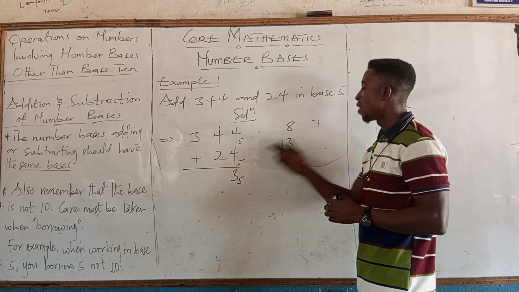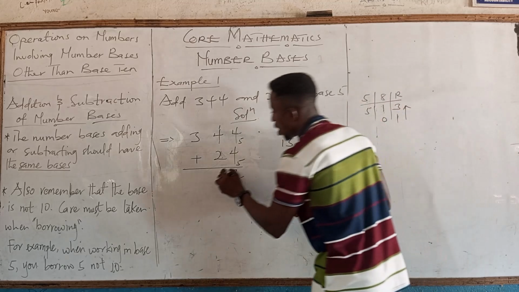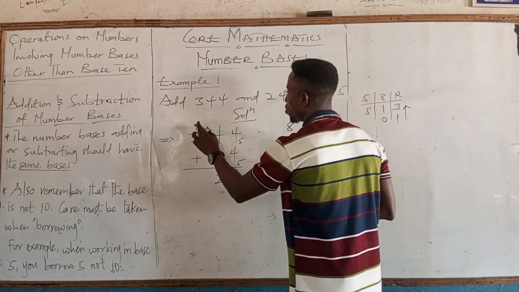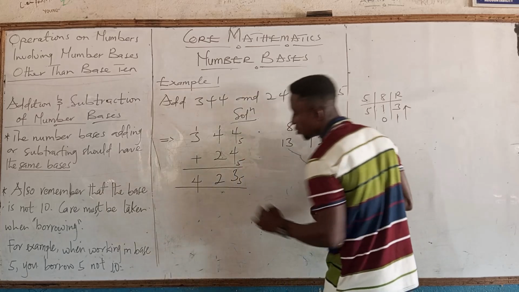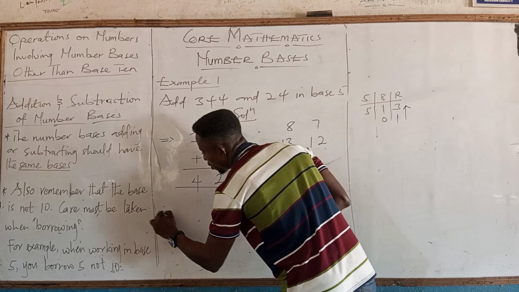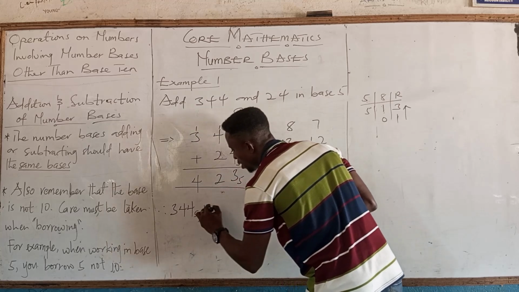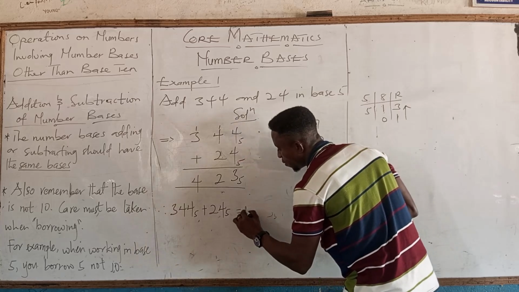So how many groups of 5 can we get from 7? That is 1, then remainder 2. So I'll have 2, then I carry the 1 forward. So 1 plus this one is 4.